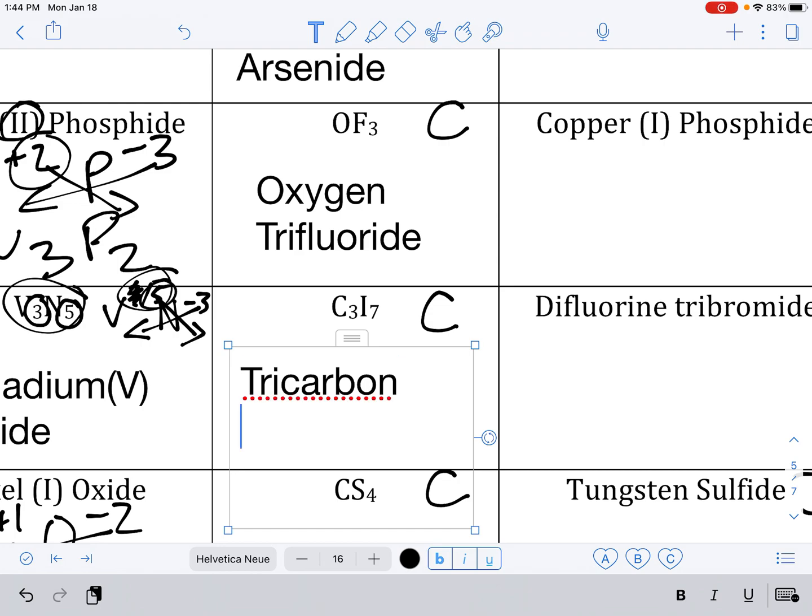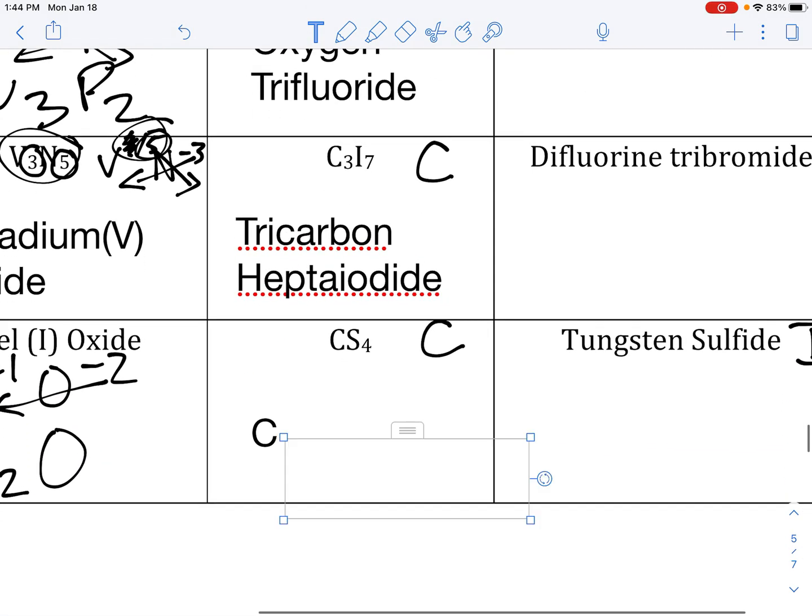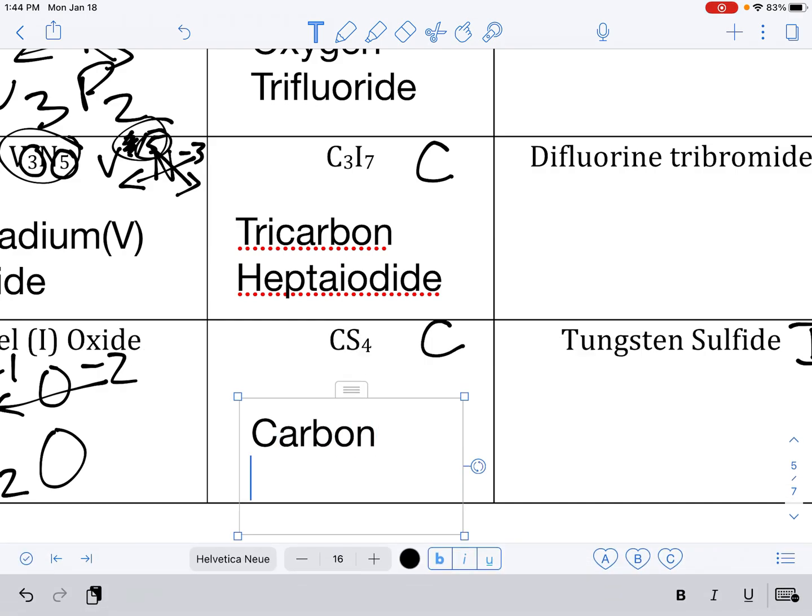And hepta is 7, iodide. And the last one is carbon tetrasulfide. I don't say monocarbon, so it's carbon tetrasulfide. Okay, great.